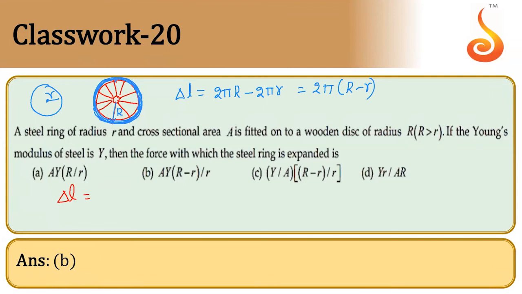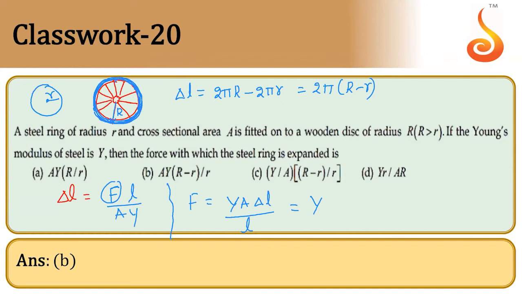Delta L is equal to F L divided by A Y. Am I correct? Here we have F. Put the value of F. F is equal to Y A delta L divided by L. Y, area, so cross-sectional area, they gave that.